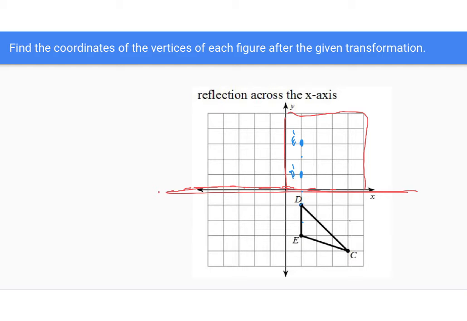C is 1, 2, 3, 4. So 1, 2, 3, 4. And as you can see, this would be the reflection because now my image has flipped over this red line. And if we had this on paper, we would be able to fold them together and they would align.